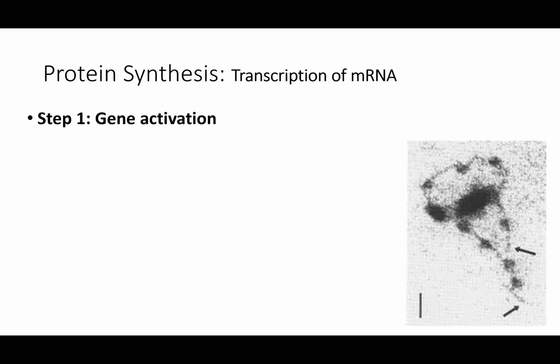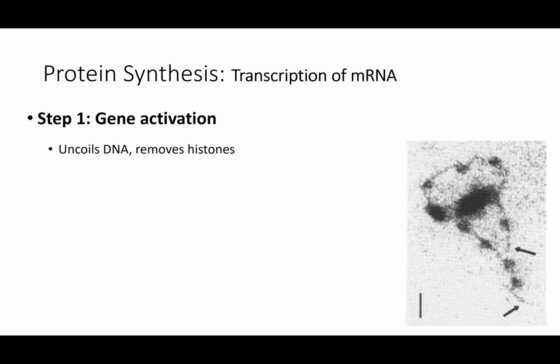Okay, so the first step to transcription is we need to activate the gene we want to copy. So that DNA that houses that gene uncoils, removes the histones, because remember, it's coiled around those proteins that are called histones.